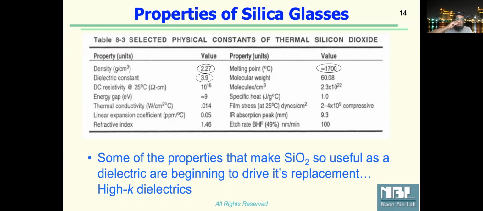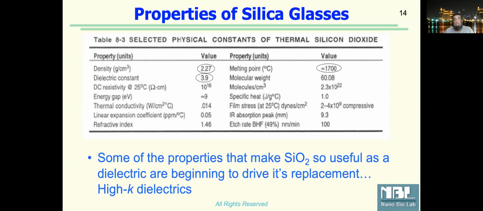This is the insulator in that MOS capacitor, the gate area, where you have metal on one side, silicon on the other side, and silicon dioxide, a dielectric material, in between. But as we keep making them thinner, silicon dioxide has become too thin physically, hence we have to replace it with other materials, high-K dielectric materials.